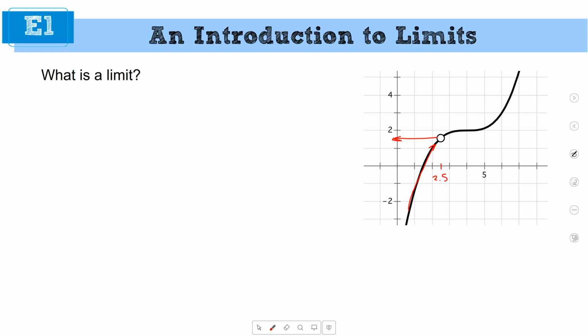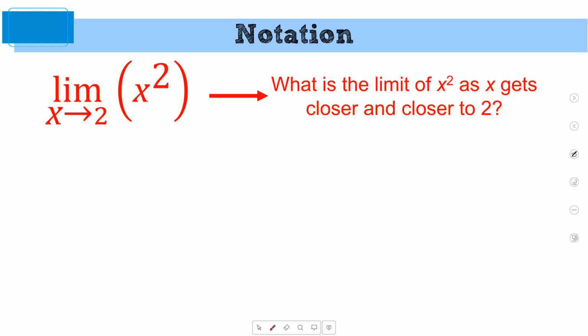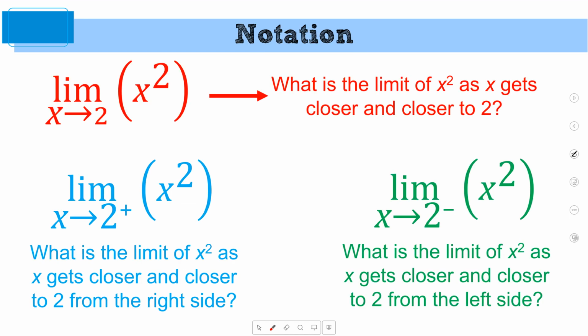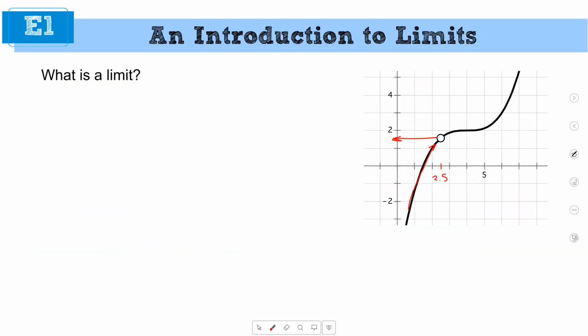Now, that might cause a little bit of confusion, because if I go back to this guy, it's clear what value I'm approaching. As I get closer to 1, I have a value of 1. That's easy. This, there we go. Not so easy. Okay, what are limits?